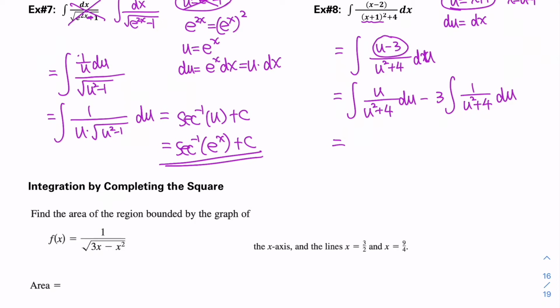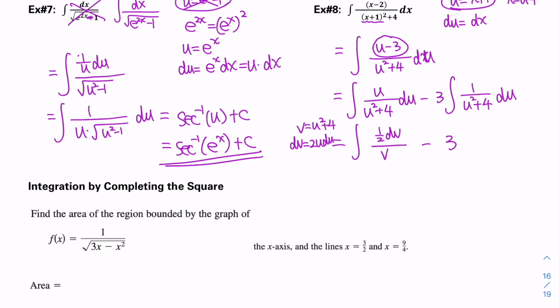So for the first one, u squared plus 4, we might need to use another u substitution. We call v equals u squared plus 4. dv equals 2u du. So u du will be 1/2 dv. So it's 1/2 dv over v, which is easier, minus the other term.